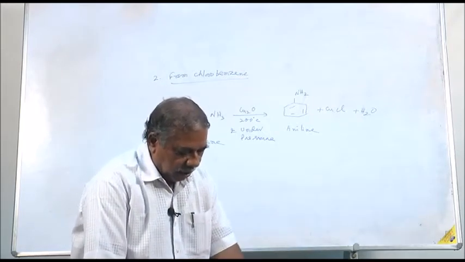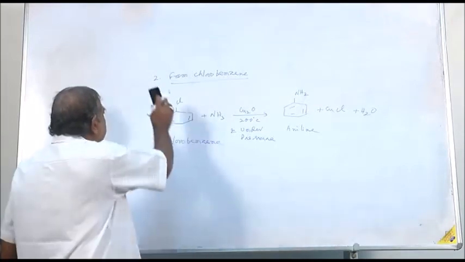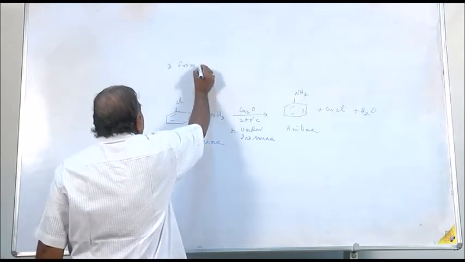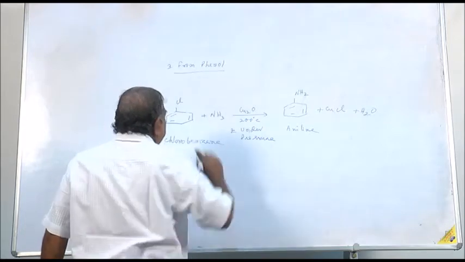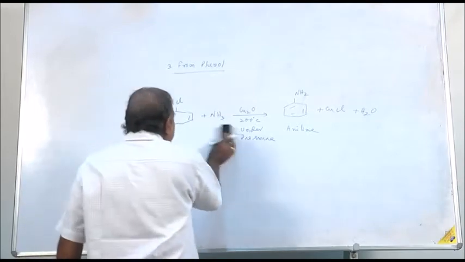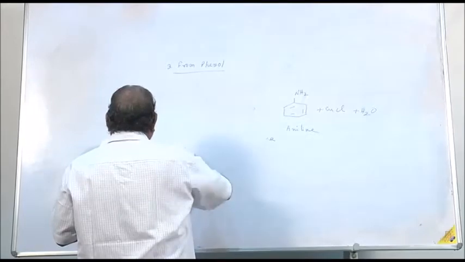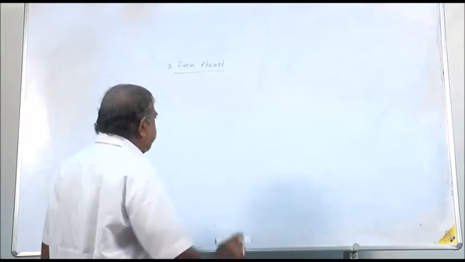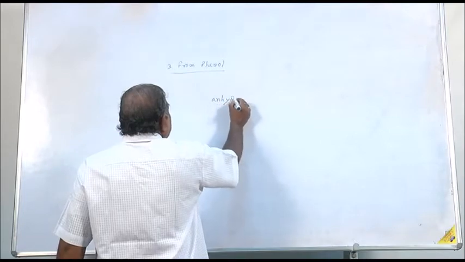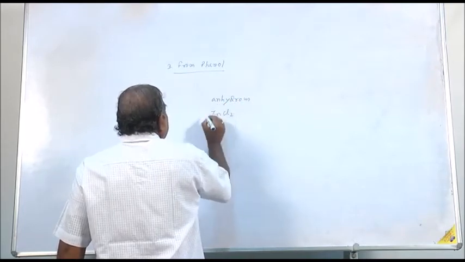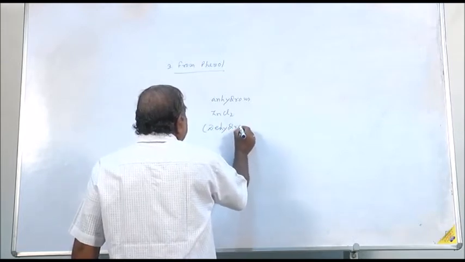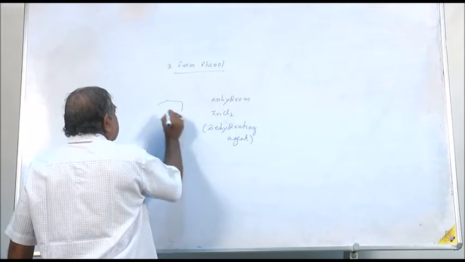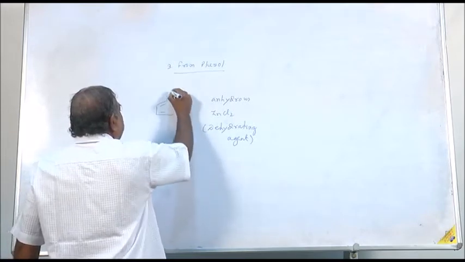The third method is from phenol. When phenol is treated with ammonia at 300 degrees centigrade in presence of anhydrous zinc chloride, which acts as a dehydrating agent, the OH group is replaced by the amino group.